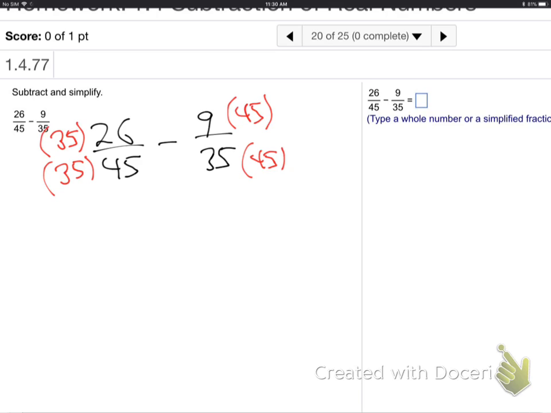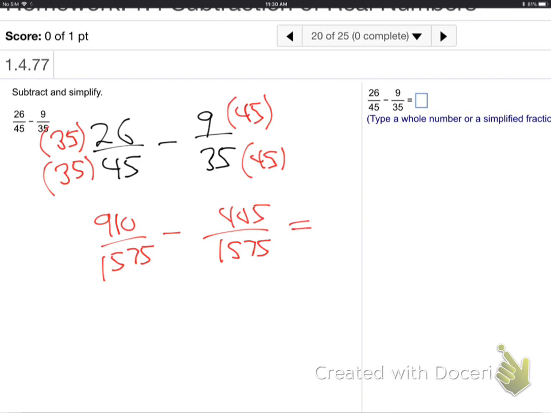All right. So I've got a calculator as well. So 35 times 20, 9, 10, and 35 times 45, 1575, and 405 over.